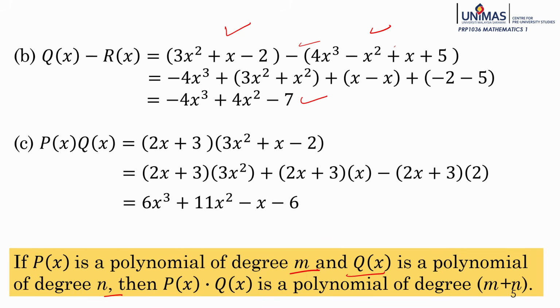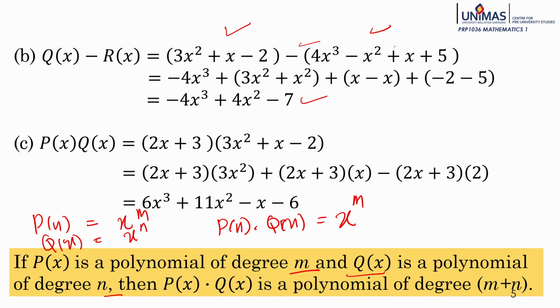For example, if the highest power in P(x) is x to the power of m, and for Q(x) it is n, then P(x) times Q(x) gives x^m times x^n, so we get m plus n. So the polynomial is of degree m plus n.